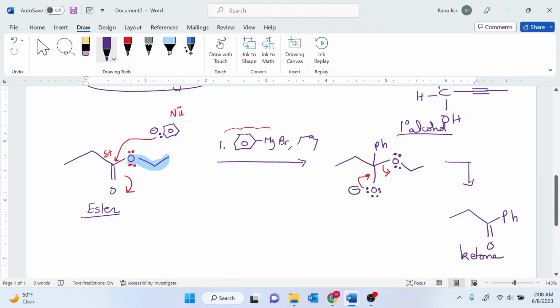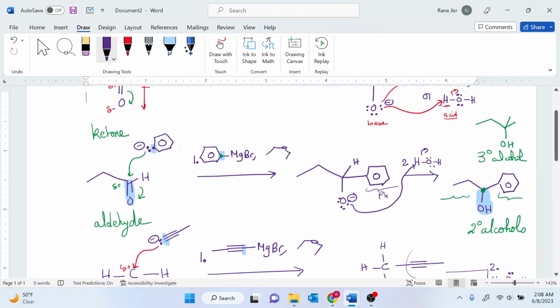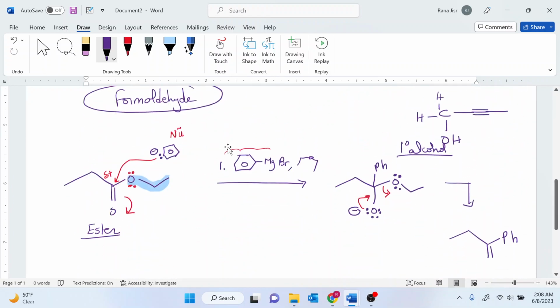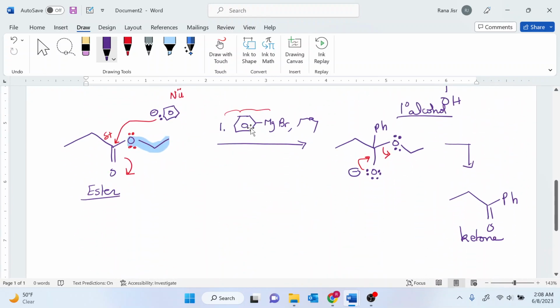Now, you cannot stop here. As if you are back to here, this is why the Grignard is going to react again. Grignards are very reactive. They're going to keep reacting as long as you are forming a carbonyl. Once you stop forming a carbonyl, this is when you proceed to the next step of the reaction, which is the protonation.